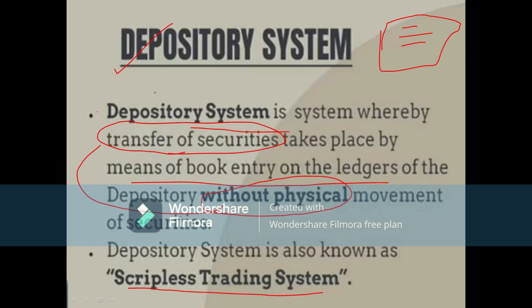Scrips means the electronic form, scriptless means no physical form. So the depository system is also known as the scriptless trading system, means electronic system.